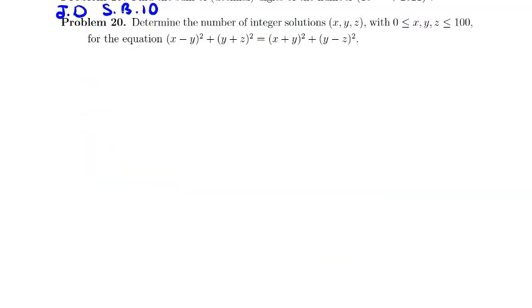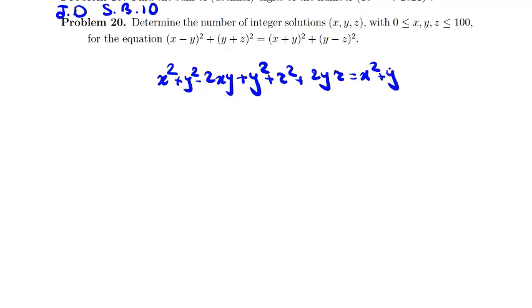Problem number 20, junior part D or senior part B. Problem number 10, determine the number of integer solutions x, y, z which are between 0 and 100 for the equation. So we can expand this: x squared plus y squared minus 2xy plus y squared plus z squared minus 2yz equals x squared plus y squared plus 2xy plus y squared plus z squared minus 2yz.